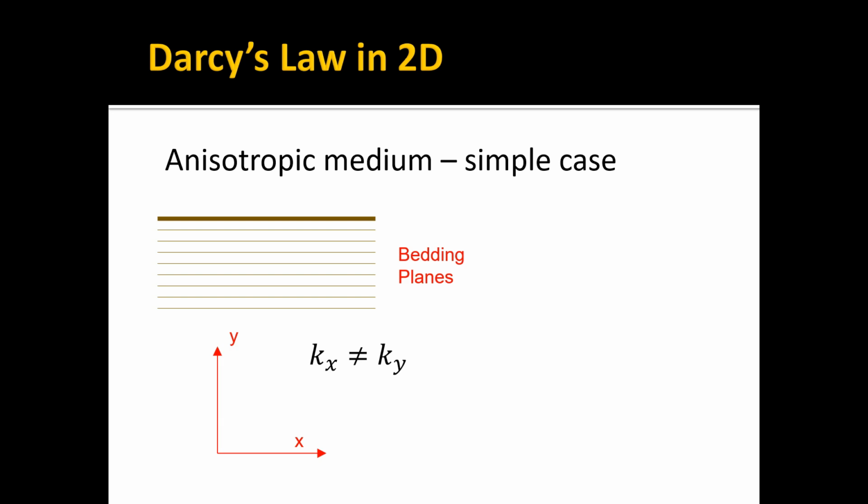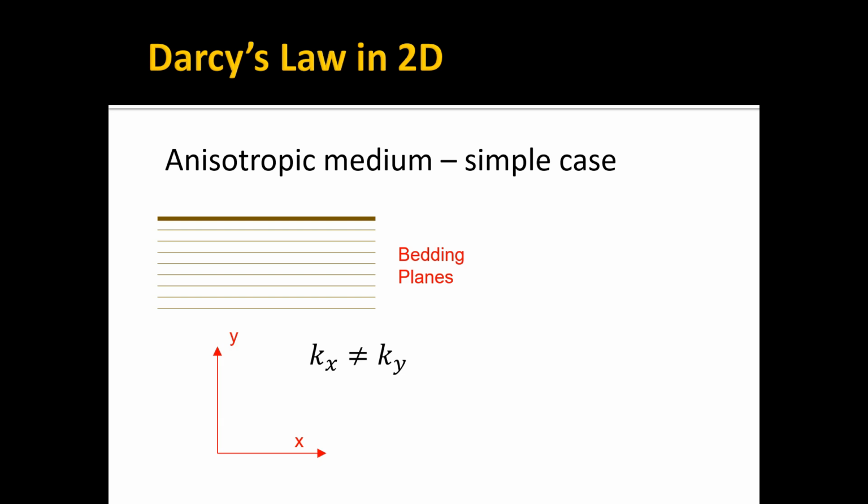So this is, again, the simple case, 2D. But now, since we have bedding planes, the hydraulic conductivity in the x direction does not equal the hydraulic conductivity in the y direction. And if the bedding planes are oriented as shown in this diagram, Kx is going to be much greater than Ky.